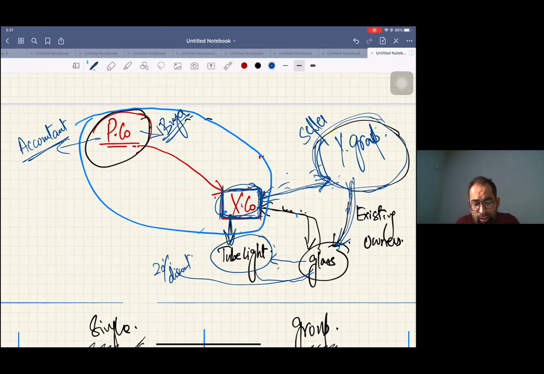When they are buying the glass at a discount, that means their costs are lower. That means their cost of sales is lower. So obviously the profit is higher. That's why this profit is looking artificially higher.